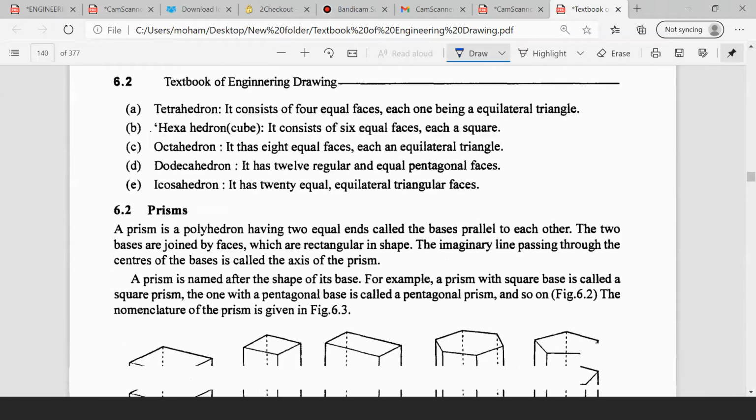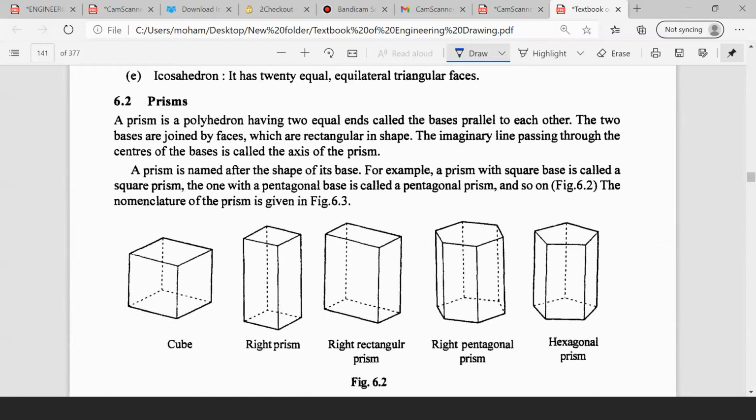Then you have a prism. What is a prism? A prism is a polyhedron having two equal ends called the bases, parallel to each other. One is the cube. The cube has a square in the top and a square in the bottom. Understand?